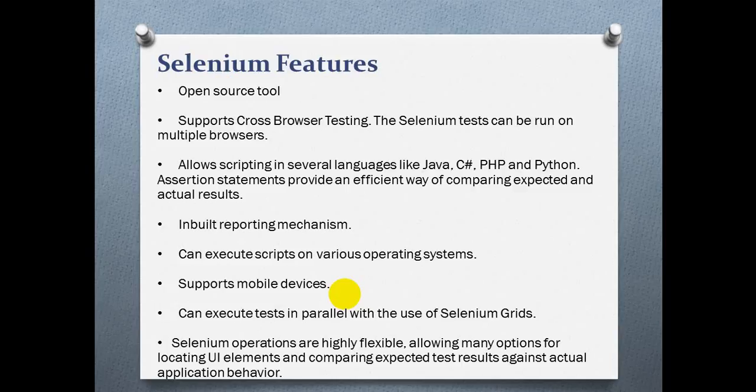And one more thing guys, Selenium supports mobile devices. And you have one more Selenium tool called Selenium Grid. Just now we understood that Selenium is a set of tools. In that, one tool called Selenium Grid lets you execute your test cases in parallel.